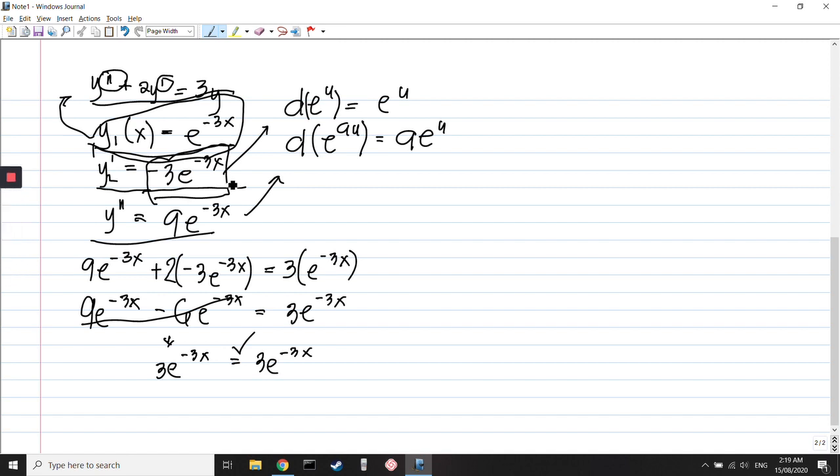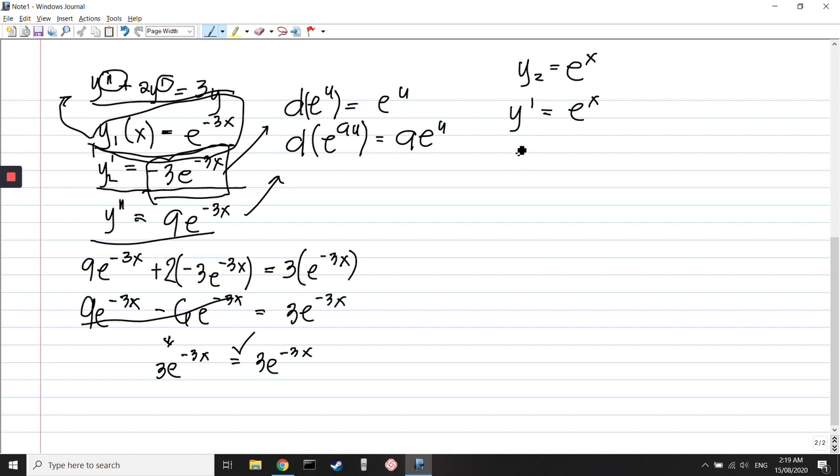Again, to prove that the differential equation has a set of functions, or a class of functions, I just need to show that y sub 2 is equal to e raised to the power of x. Thus, I need to operate again on the first derivative. The first derivative of y sub 2 is equal to e to the x.